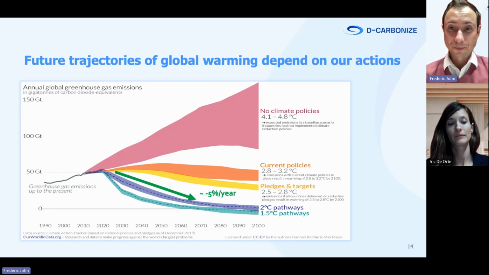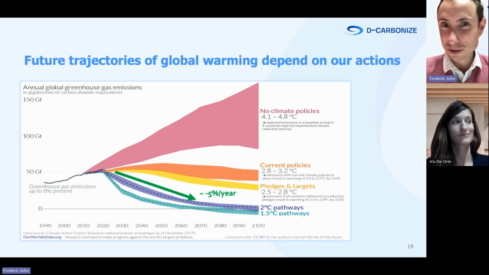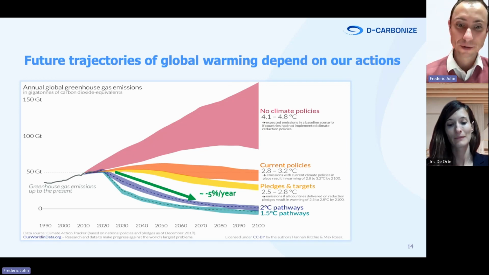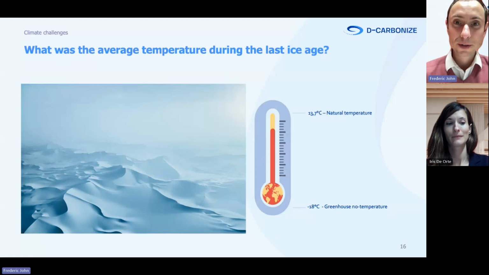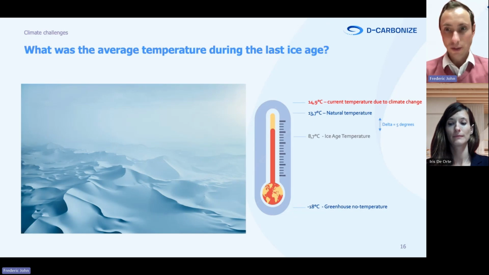So as I said, our global warming could reach 5 degrees. And I will tell you something that planet Earth experienced not long ago, a delta of 5 degrees in its global average temperature. When was it? It was not long ago, at the age of the Earth. It was during the last ice age, 20,000 years ago.